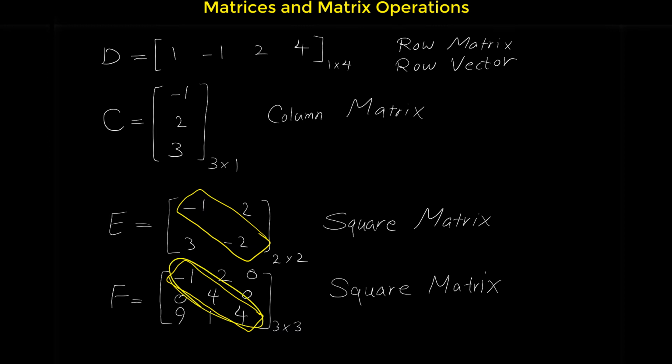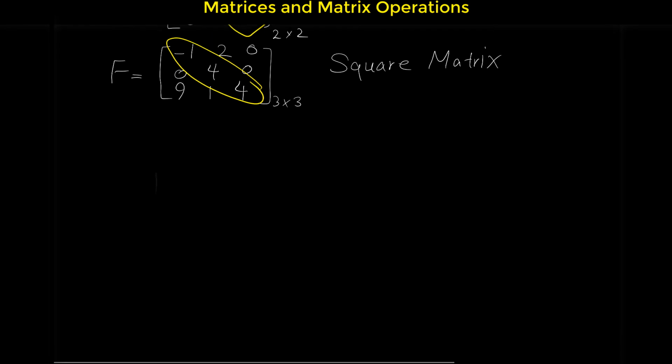The elements that are located at row 1, column 1, row 2, column 2, row 3, column 3. These are the elements of the diagonal of a matrix. Now that we know the diagonal of a matrix, let's talk about three important square matrices.